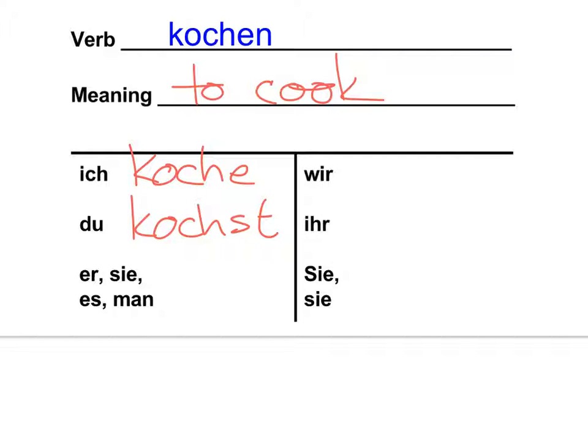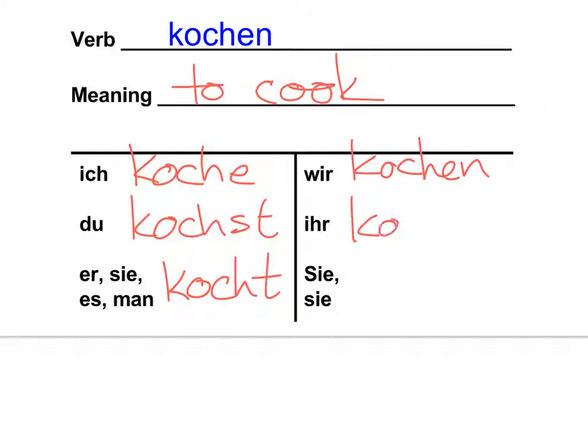Er, sie, es, man? Kocht. Wir? Kochen. Ihr? Kocht. And Sie? Kochen.